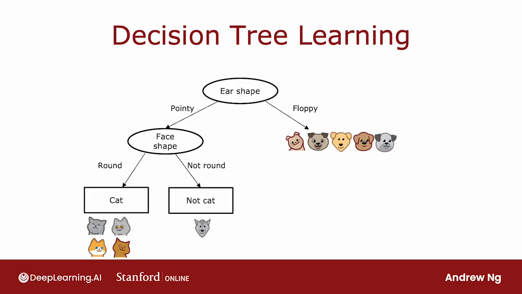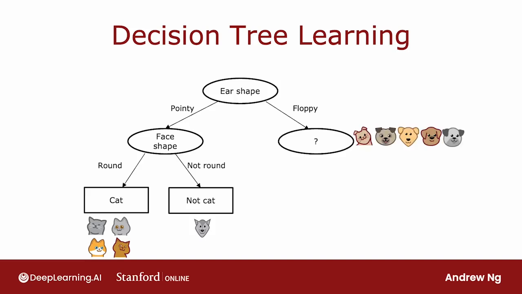Having done this on the left part, or the left branch of this decision tree, we now repeat a similar process on the right part, or the right branch of this decision tree, and focus attention on just these 5 examples, which contains 1 cat and 4 dogs. And we would have to pick some feature over here to use to split these 5 examples further. If we end up choosing the whiskers feature, we would then split these 5 examples based on whether whiskers are present or absent, like so.